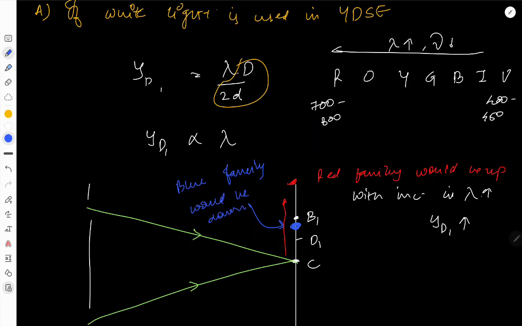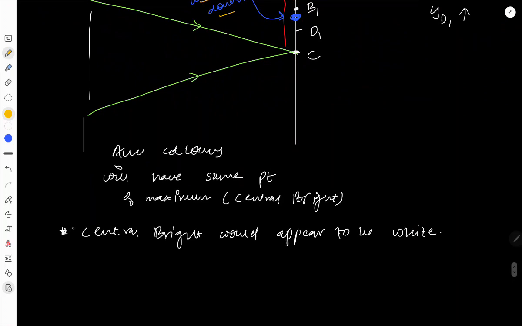How, if you ask, it all depends upon lambda. Now we have to calculate, with the help of lambda and all the given distances, where yD1, the distance of the first dark from the central bright, would be, and then if we take the ratio, we would get this thing that I have written. And all this is important.